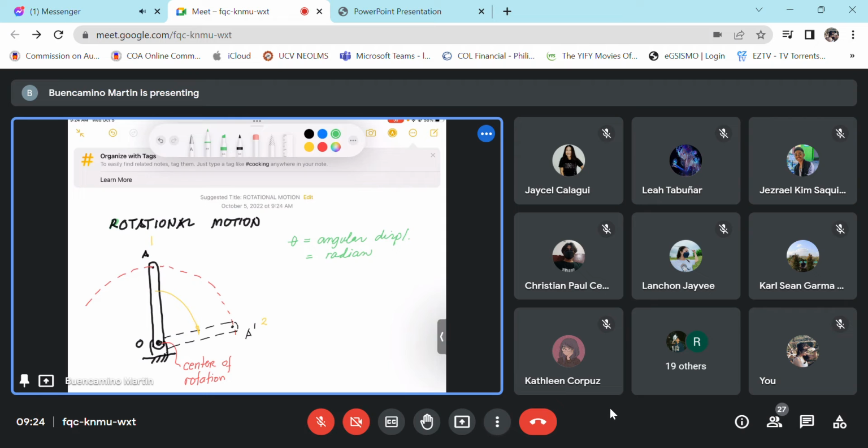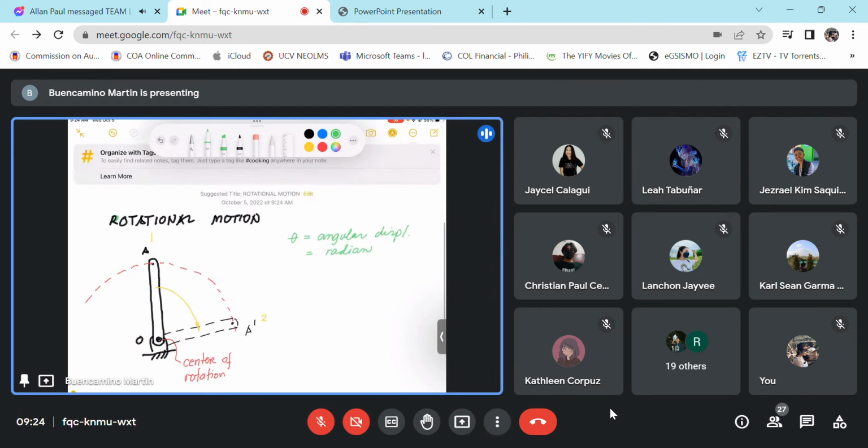Now, suppose its initial displacement, theta sub 1, is 0, and its final displacement is theta sub 2. We can say that the total displacement is the difference between the final and the initial. That's very basic.